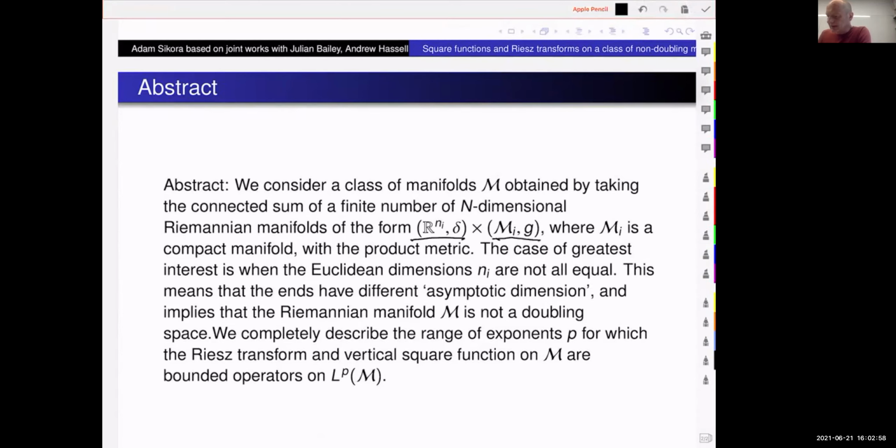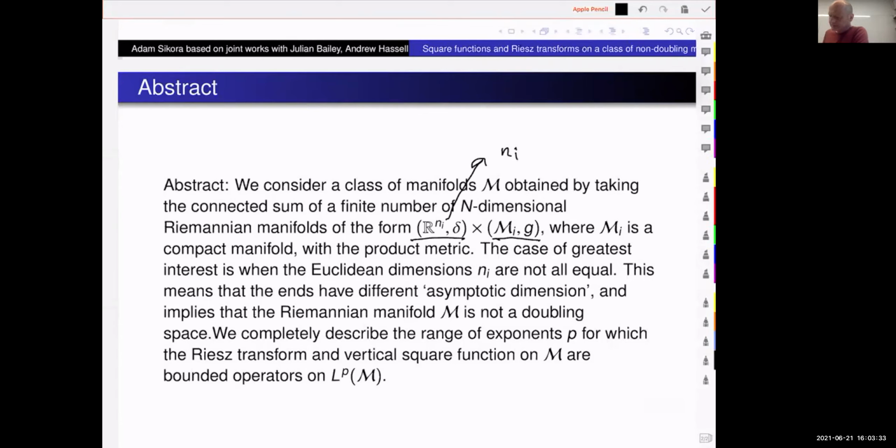We keep them for technical reasons, because we want to connect them, and to do so it's nice that they have the same dimension. But on the other hand, the dimension at infinity, if you look at the behavior of the volume of large balls, will be connected to the Euclidean part, so this will be given by this number n_i here.